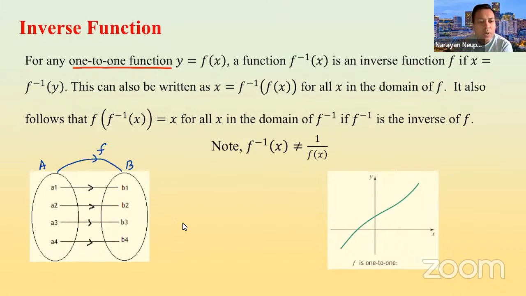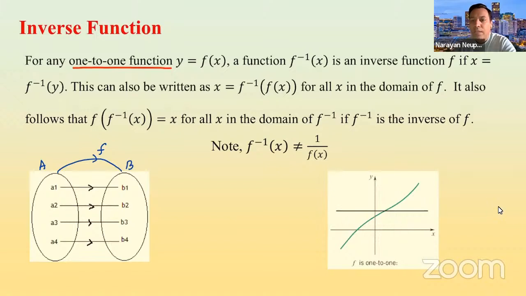That is when we have the mapping diagram. But if we have the graph, in order to check whether it is a one-to-one function or not, what we normally do is we draw the horizontal line, not the vertical line. For example, in the second picture, we have the graph of the function.